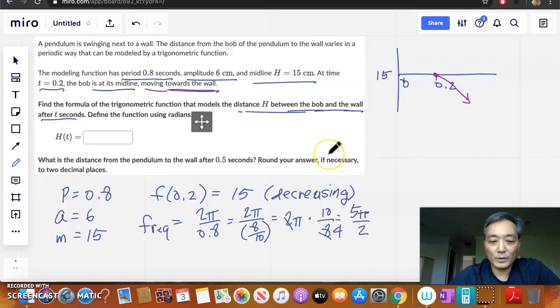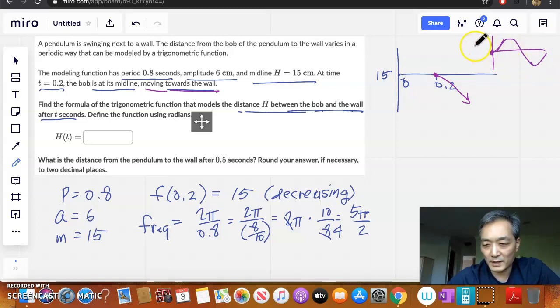So the question is, since it's going down, how can we write this? Pretend this was the sine function. Positive sine goes up like this and then comes back down and over.